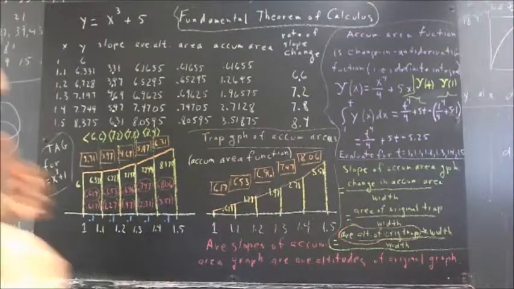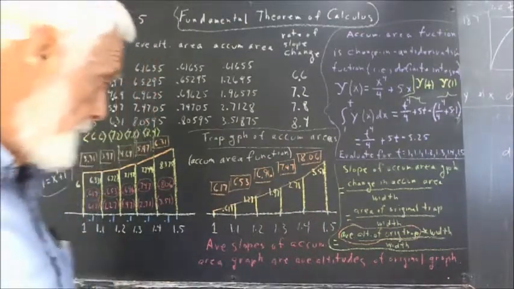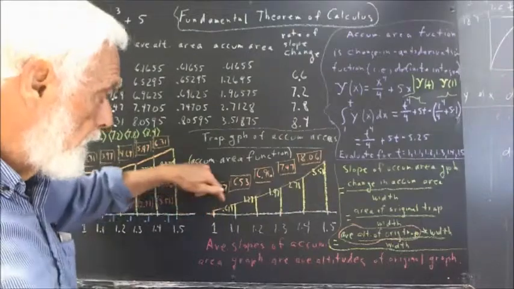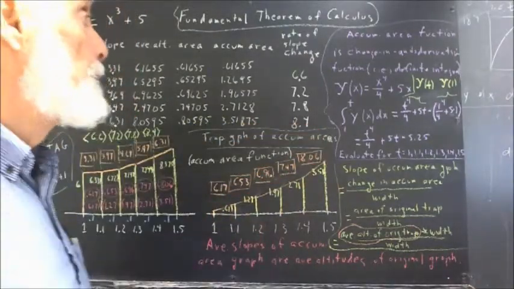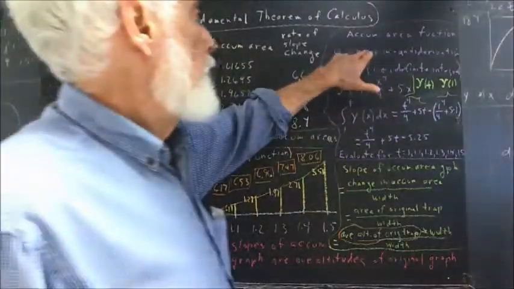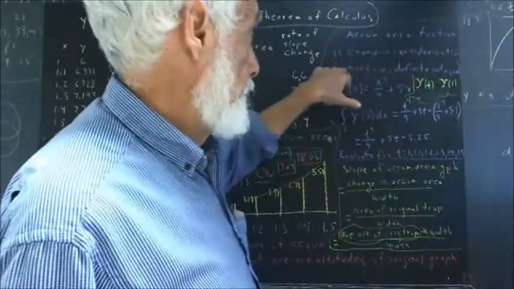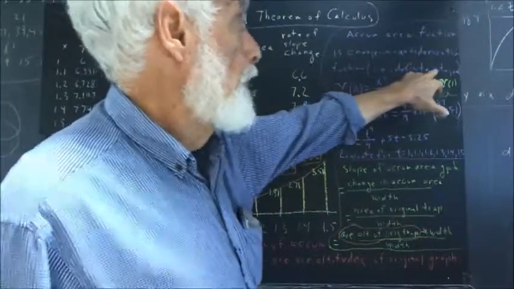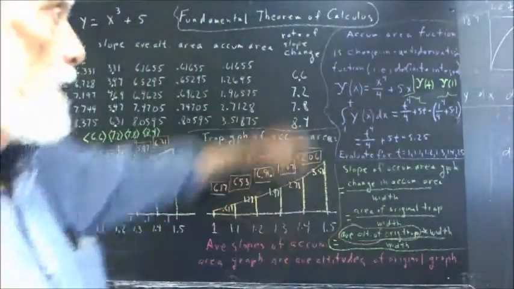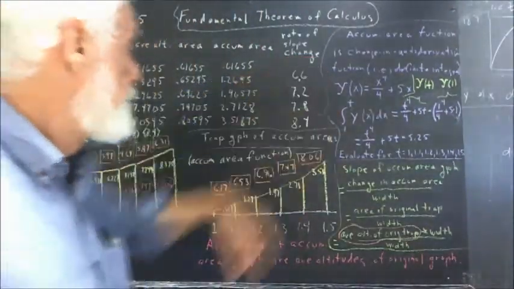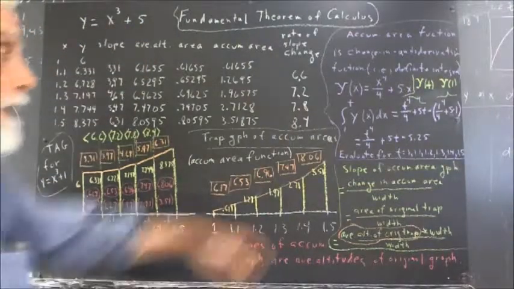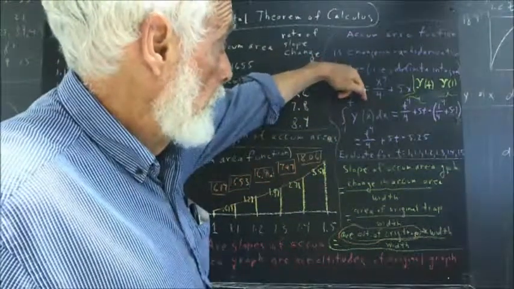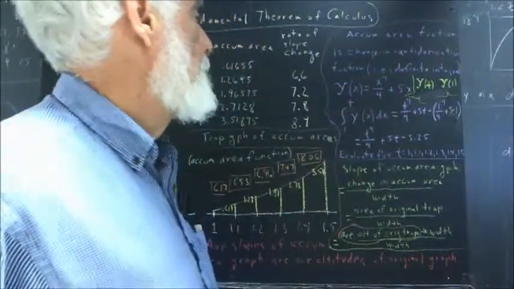So our accumulated area function, which has values 0.617, 1.27 up to 3.51, is our change in antiderivative function, which is, of course, a definite integral. Okay, our antiderivative function for the function y equals x cubed plus 5 is y equals x to the 4th over 4 plus 5x.